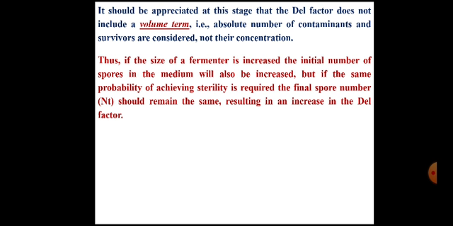That means the value of N0 is changing with increase in scale. The value of Nt remains constant because we are considering the same probability of contamination. So the value of Nt is the same, only the initial number is changing. If the initial number changes, it will result in an increase in Del factor. Let us see how.